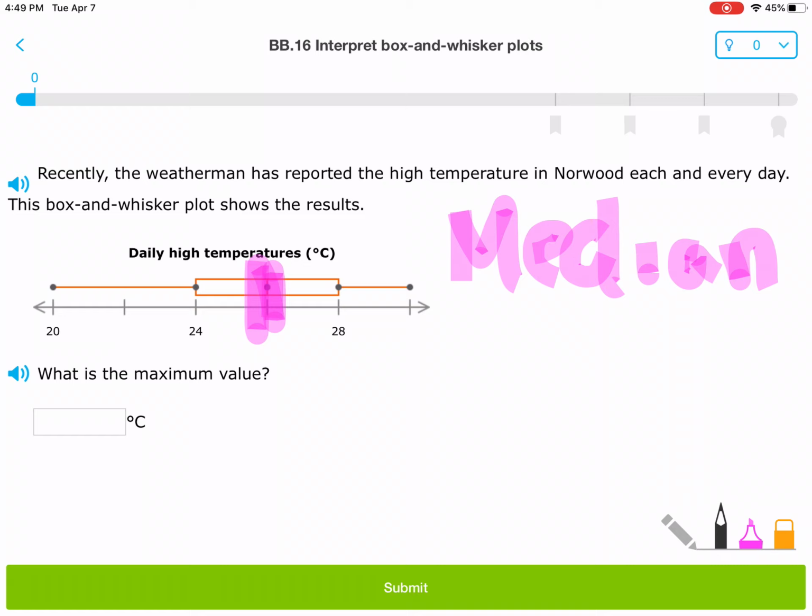Then we have 24, which is called the lower quartile. And we have 28, which is called the upper quartile.